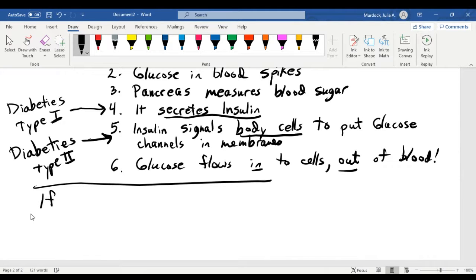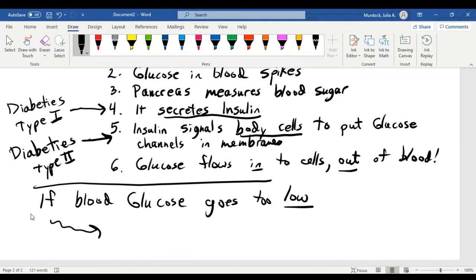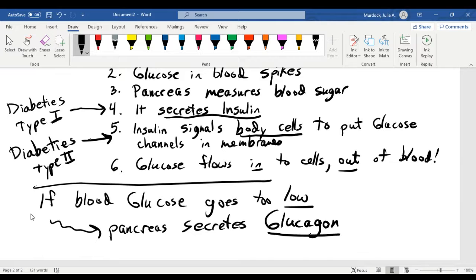So if blood glucose goes too low, the pancreas secretes glucagon, which is the antagonistic hormone to insulin.